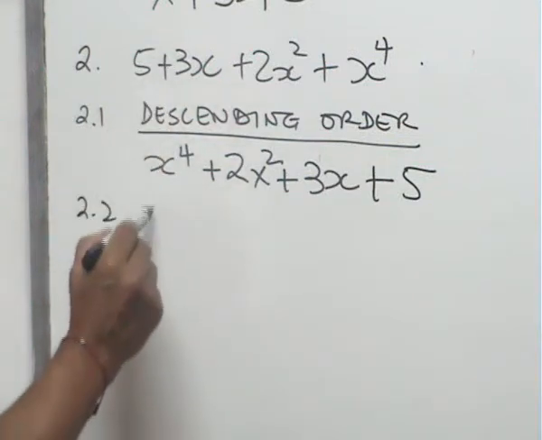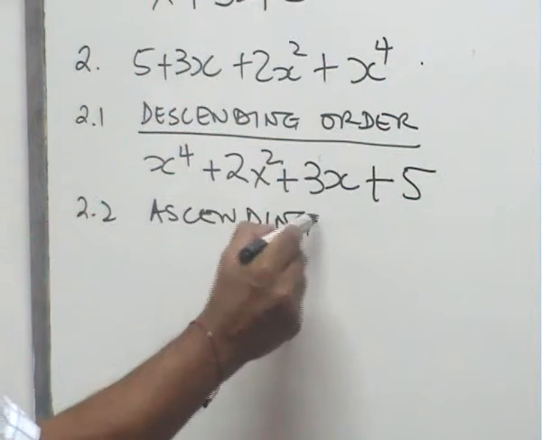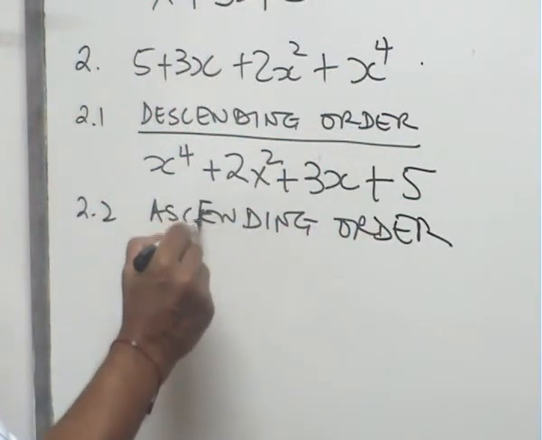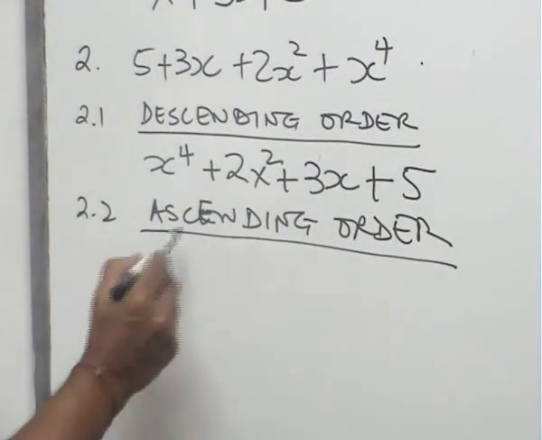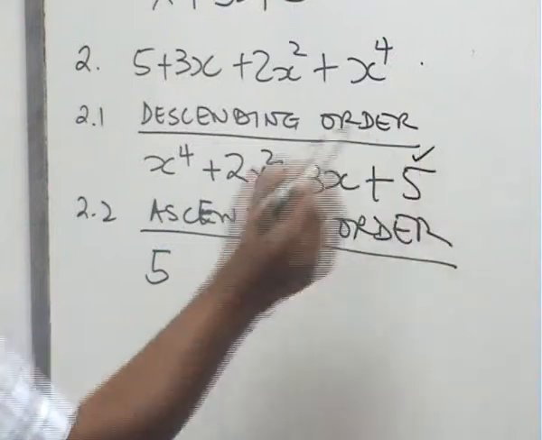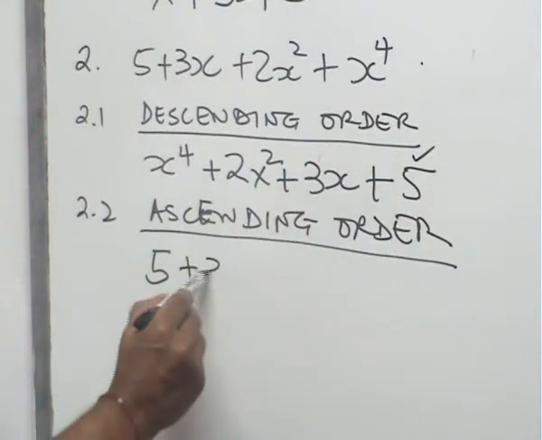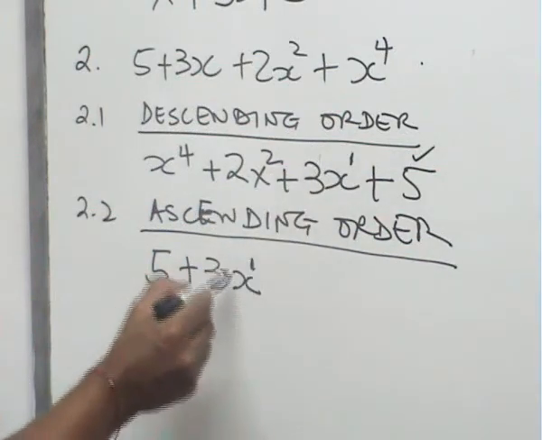Same question, you want it in ascending order. Ascending means start with the number. So the number here is 5. Then follow up with the lowest power. The lowest power is 3x, you see, x to the 1. So you're starting with 3x.